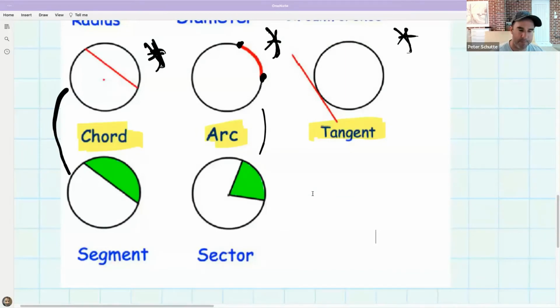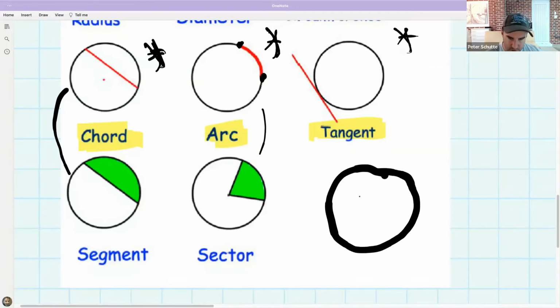So we've got a question from Michle. Michle asks, does the segment cut through the center point? It does not have to. It can do, but it doesn't have to. I'll give you an example. If I think about this, the center point is over here. You have one segment up here. This is called the minor segment.